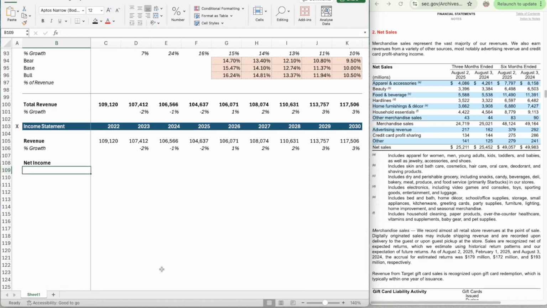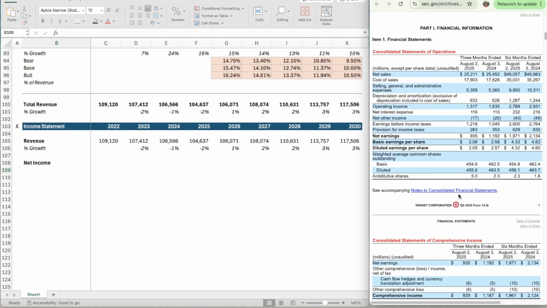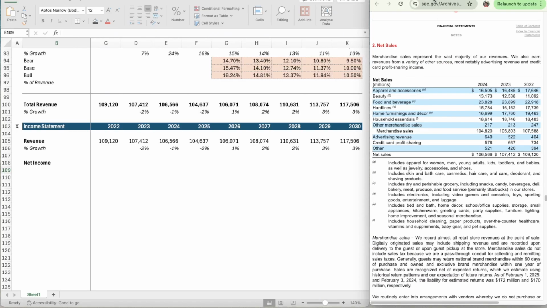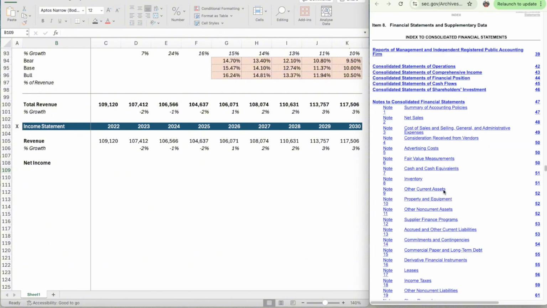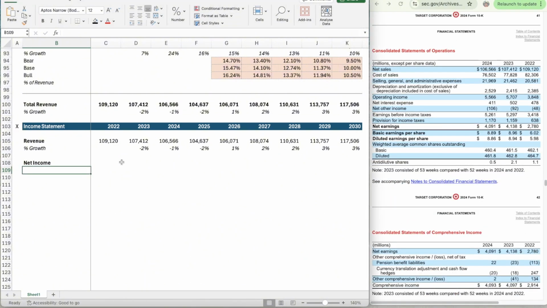And for that, on the financial statements, we go up to the income statement and we take net earnings. But first of all, we have to go on to the previous years. Where is it? There we go, net earnings. And we want this to see what this is a percentage of.